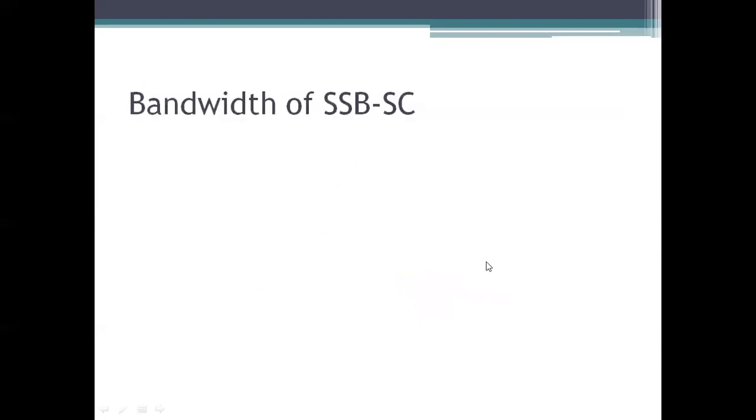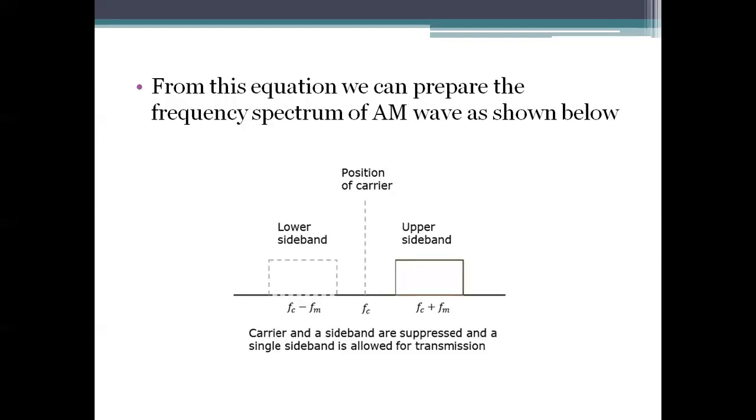Now regarding the bandwidth, the bandwidth is nothing but the difference between the higher frequency and the lower frequency. Here, as the lower sideband and the carrier portion are suppressed, we have only the upper sideband. For finding the upper frequency we consider fc plus fm, but as the lower frequency is not there, we just consider the origin or the center, which in this case is fc.